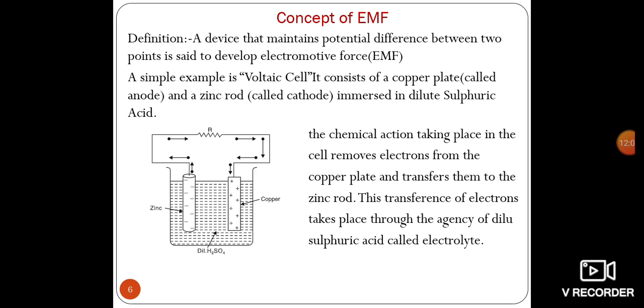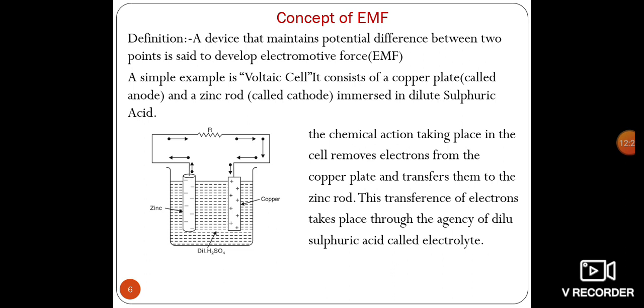A familiar example which we all know is the voltaic cell. It consists of a copper plate called anode and a zinc rod called cathode immersed in dilute sulfuric acid. In the diagram we can see two electrodes.